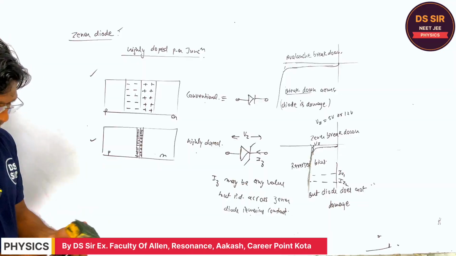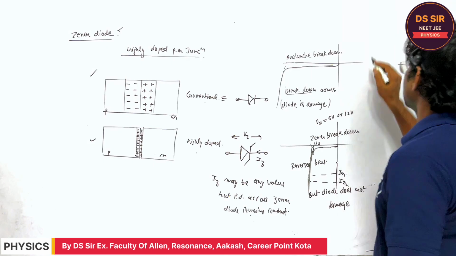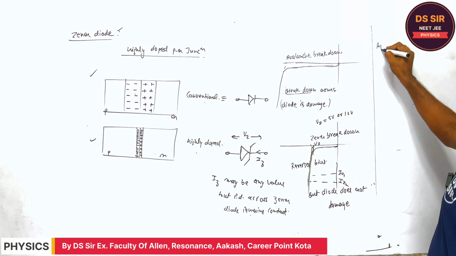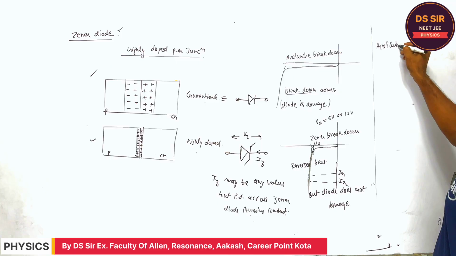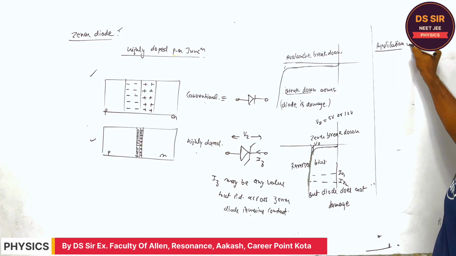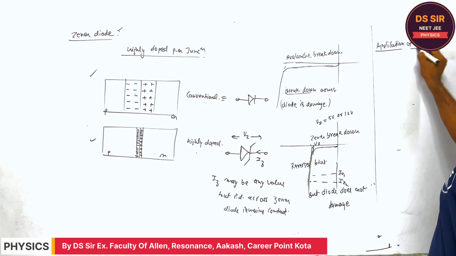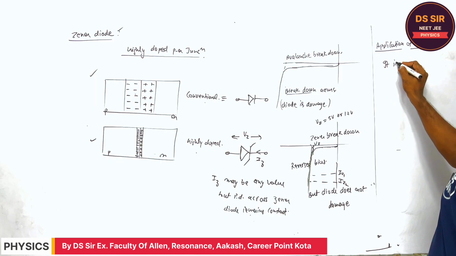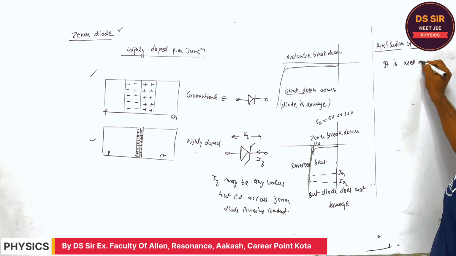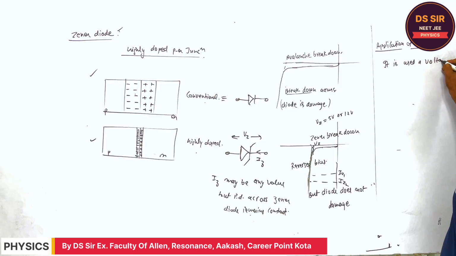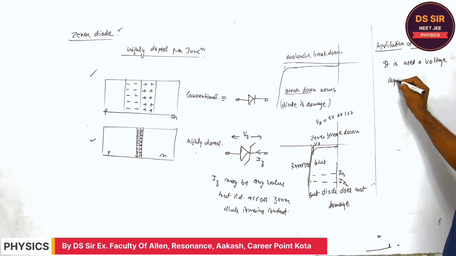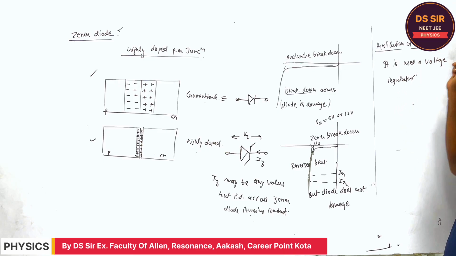Copy this. So the application of this Zener diode. Can you tell me what is the application of the Zener diode? Yes, it is used as a voltage regulator. Right?